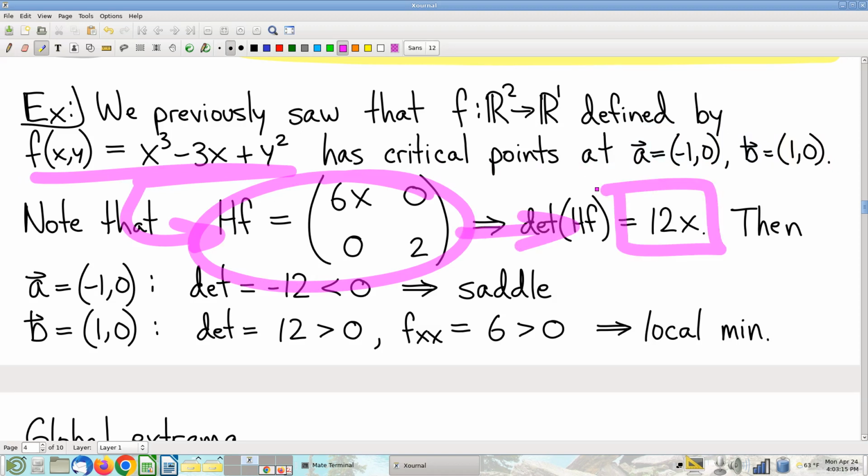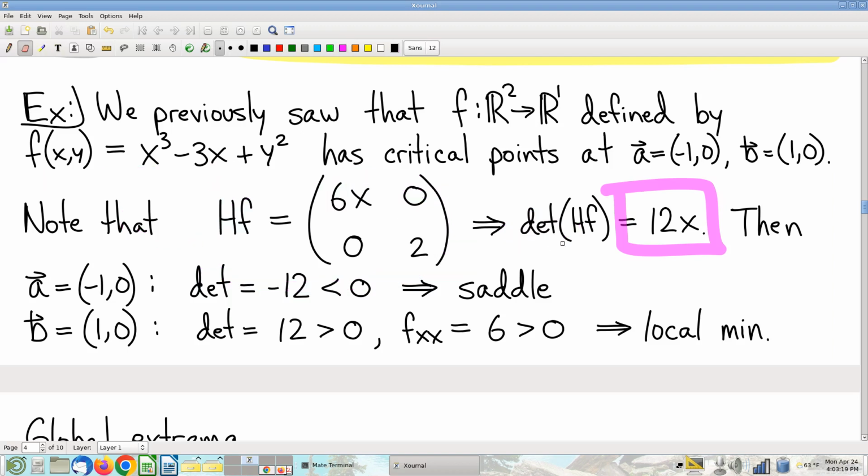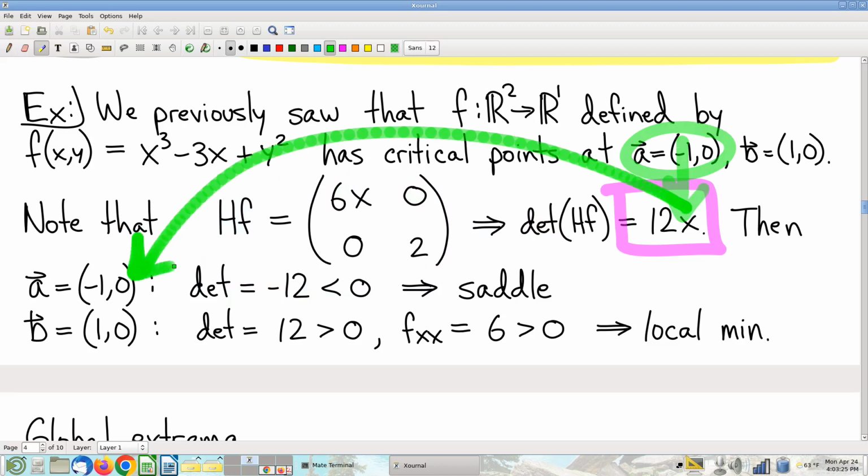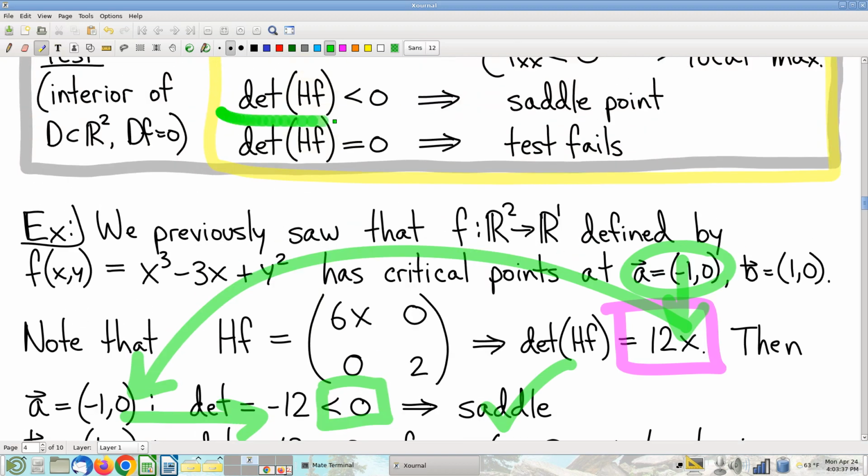There it is. And now we play the game. We're just going to follow the flow chart, starting with this first point. Plug it in. Hessian determinant's negative. Saddle point. Game over. Definitely a saddle point because the Hessian determinant is negative. It's following this rule right there.